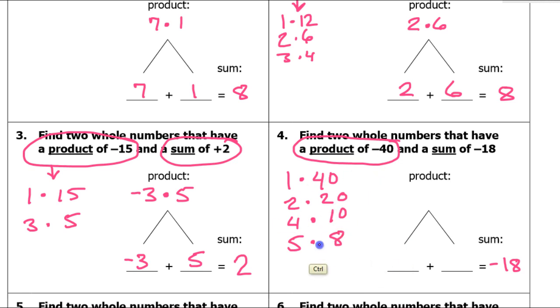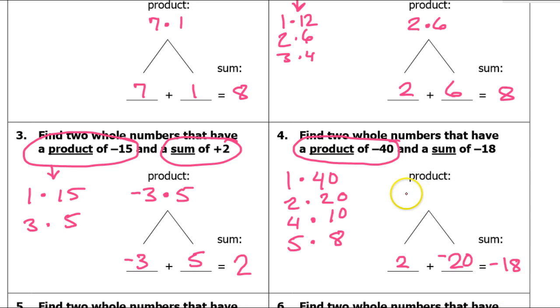Now, which of these could give me negative 18 if I pick the signs right? Well, 2 and 20. Think about it. So I'll have 2 and 20. If I want negative 18, what do I have to do with the signs? Well, if I make the 20 negative and I leave the 2 positive, 2 plus negative 20 is negative 18.